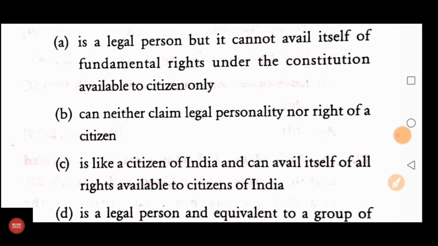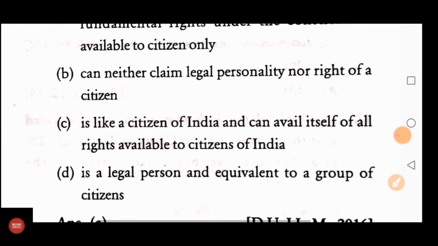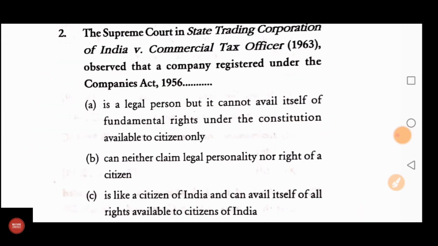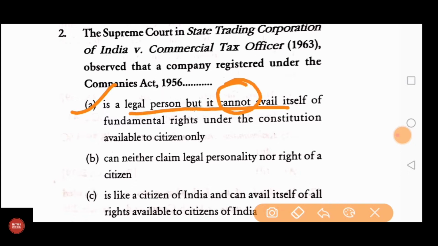Option C. Is like a citizen of India and can avail itself of all rights available to its citizens of India. Option D. Is a legal person and equivalent to a group of citizens. The correct answer to this question is option A. Is a legal person but cannot avail itself of fundamental rights under the Constitution available to citizens only.